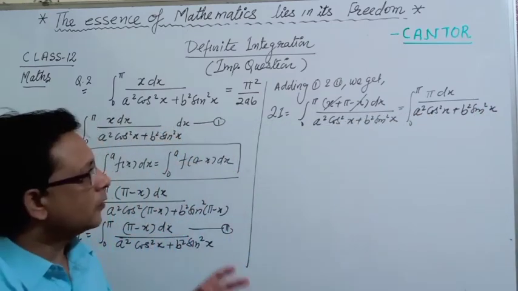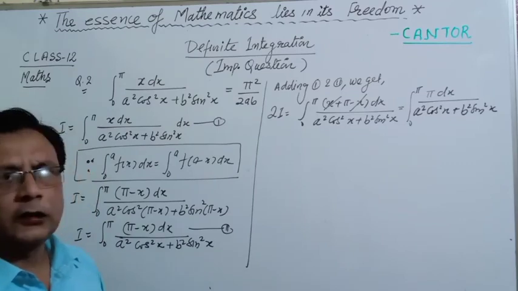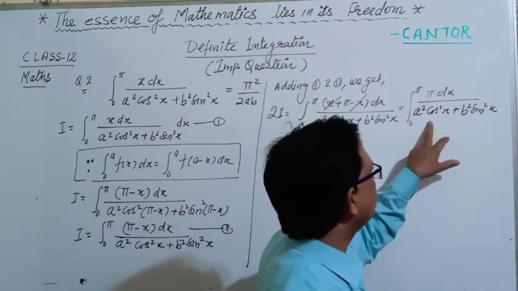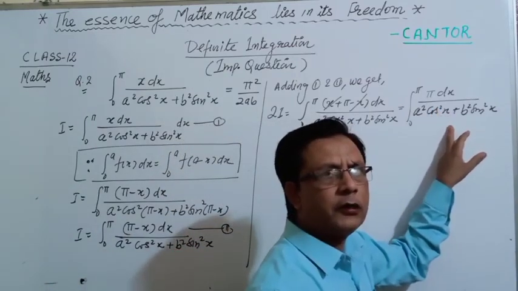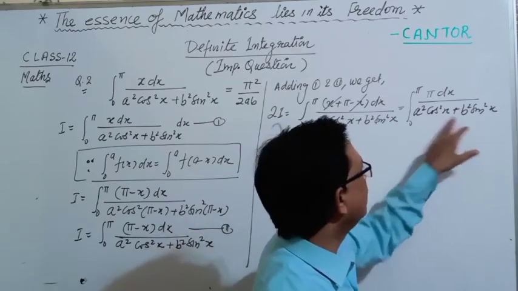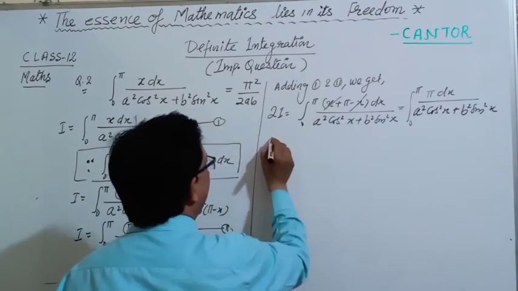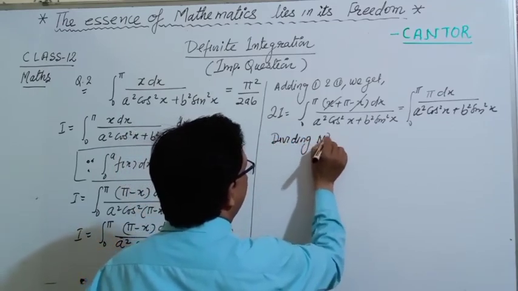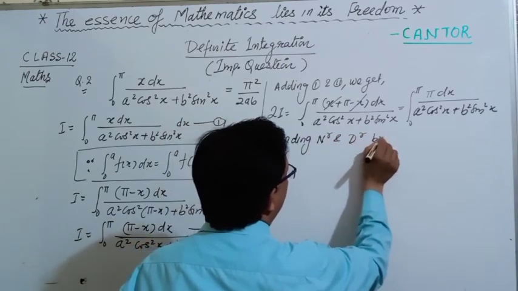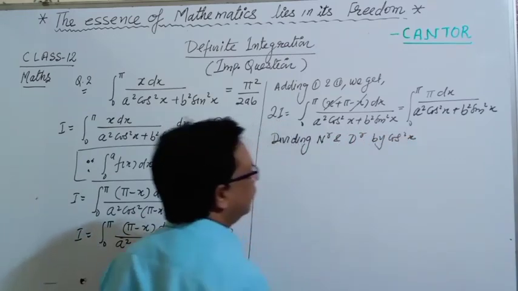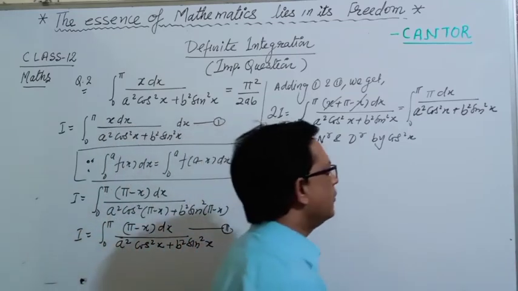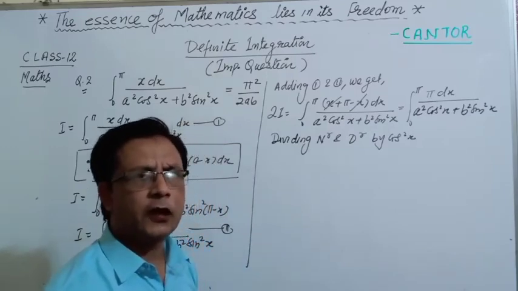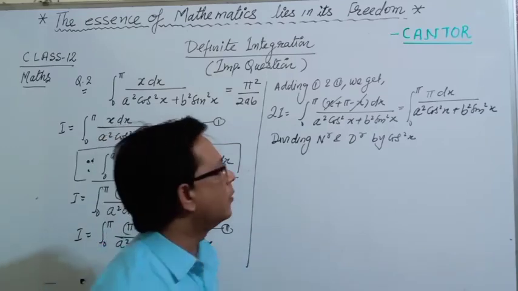Now the question is like a continued question, integration by the continuous method. For this type of question, we divide numerator and denominator by cos square x, then we solve the question. This is a rule: if the integral has a square cos square x plus b square sin square x, always divide numerator and denominator by cos square x.